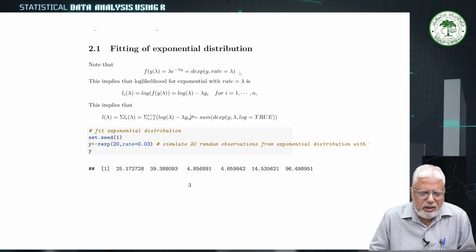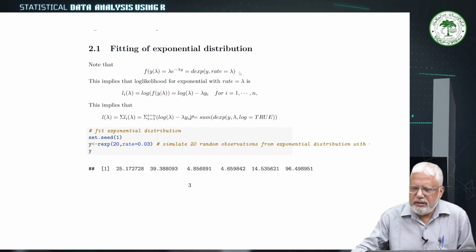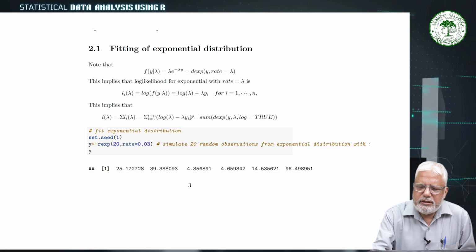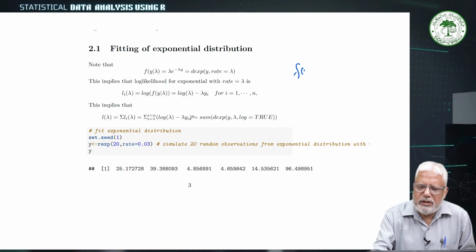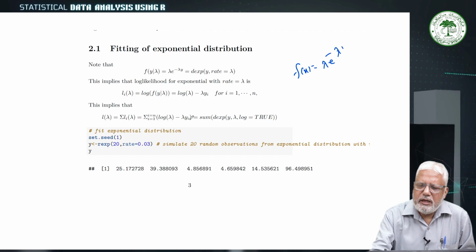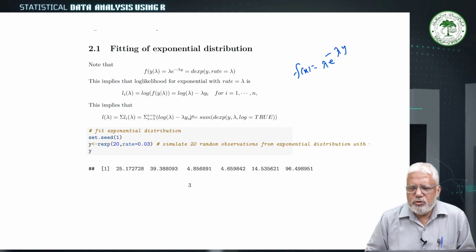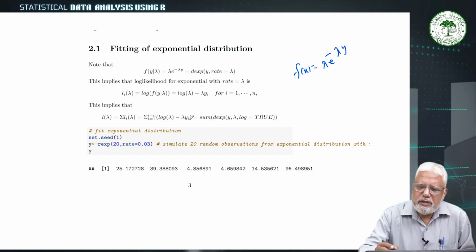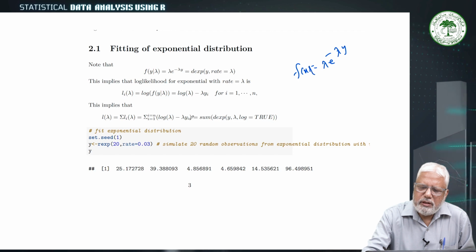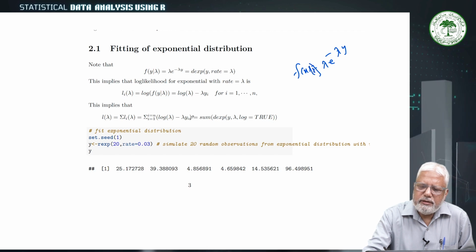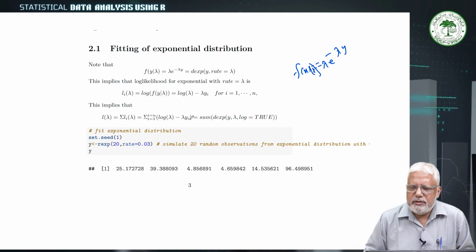So actually, the first thing is that our function is f(x) equal to lambda times e raised to the power minus lambda y. This is a function of both lambda and x.